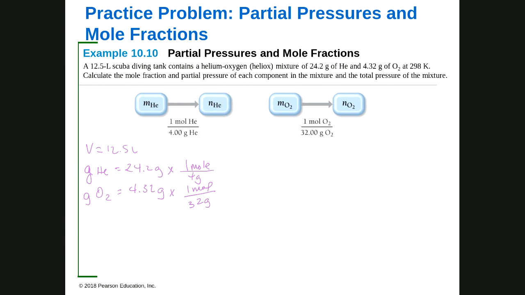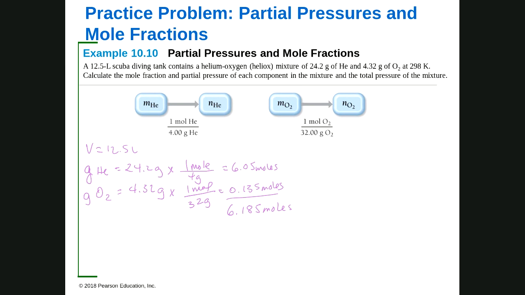That's going to give me 6.05 moles and 0.135 moles. So at this point, because I only have those two, I add them together. So it's 6.185 moles total.